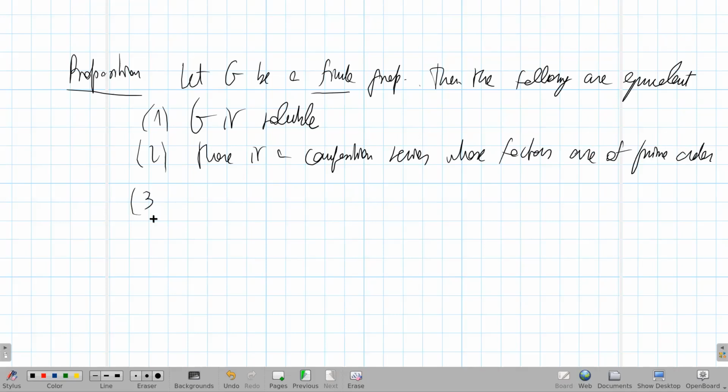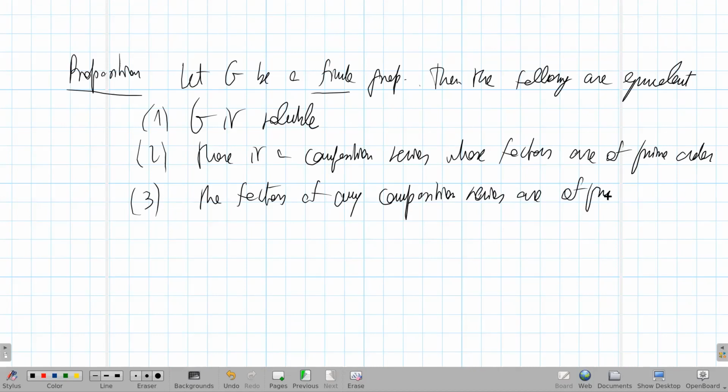And 3, the factors of any composition series are of prime order. I'm not saying that they are of the same prime order. They can have different orders, but they have to be of prime order.